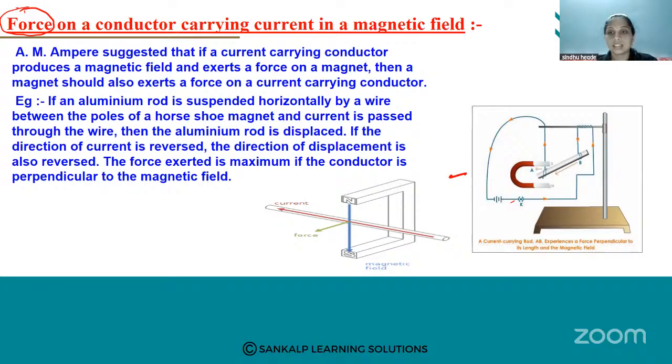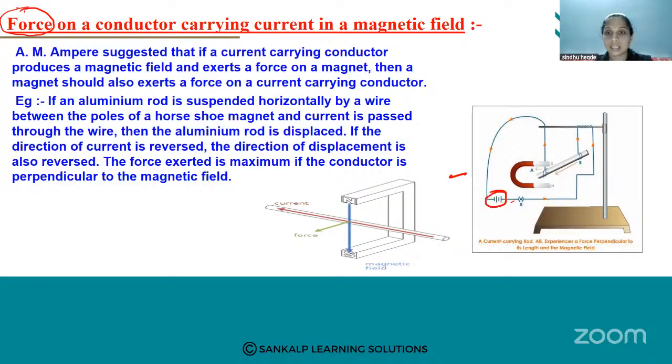This aluminum rod is suspended freely and it is suspended horizontally with this wire. Then take one wire, tie it to this aluminum rod and connect it with the battery.